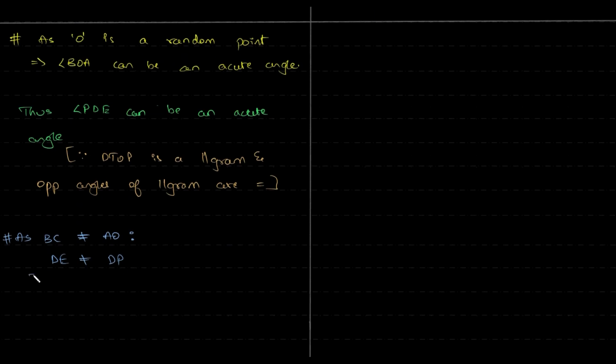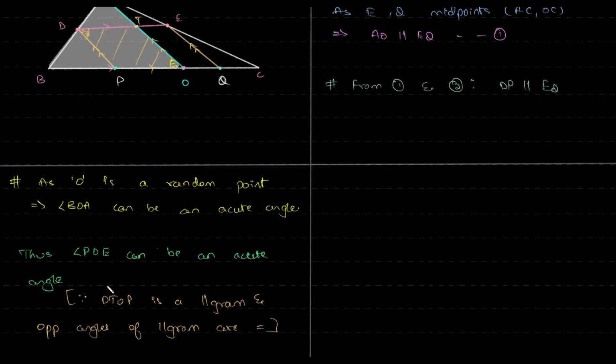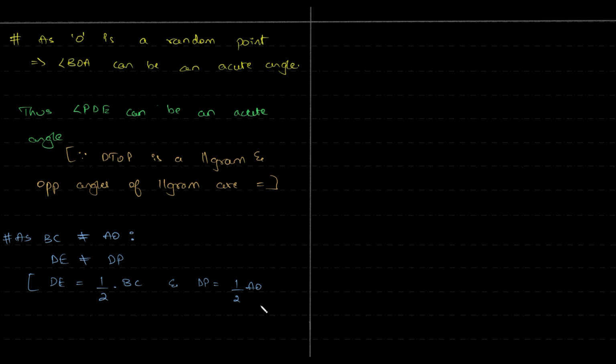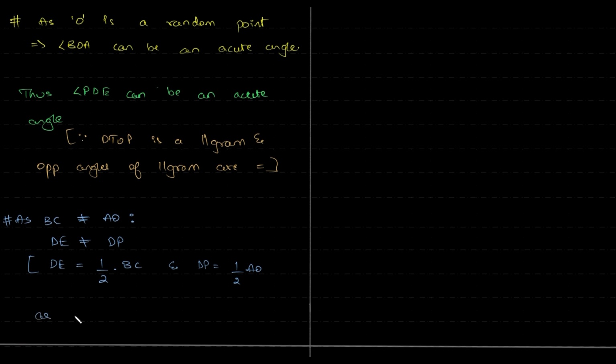The reason being DE is half of BC and DP is half of AO as per the midpoint theorem. Again, if it comes for a 3 marker, we need to write all of this.